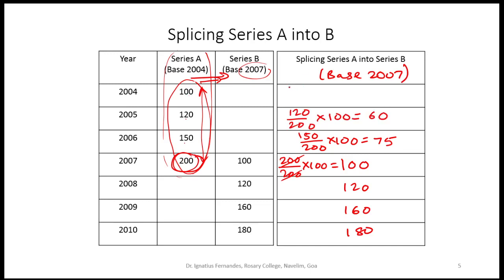And this 100 will get converted to 100 upon 200 multiplied by 100. That will give you 50. So now all these index numbers are with base 2007 and they are in one continuous series now. So I have spliced A into B in this example, and they are all with base 2007. Earlier I had spliced B into A. In that case they were all index numbers with base 2004.